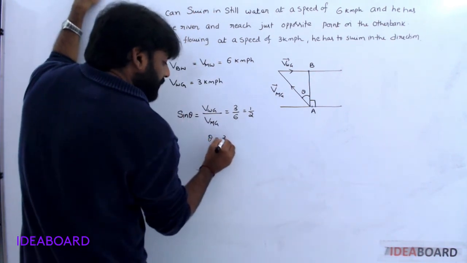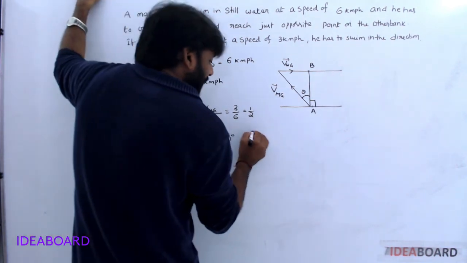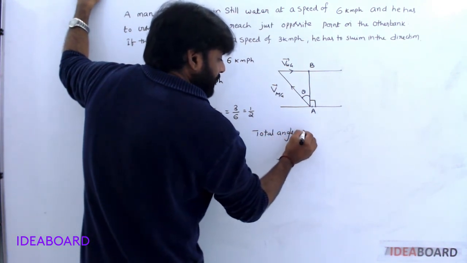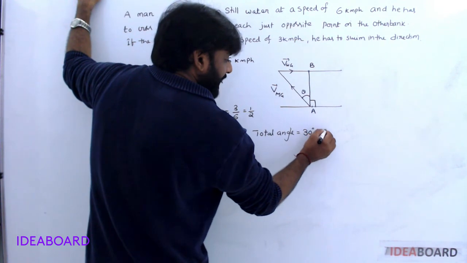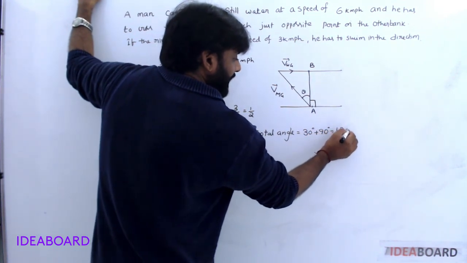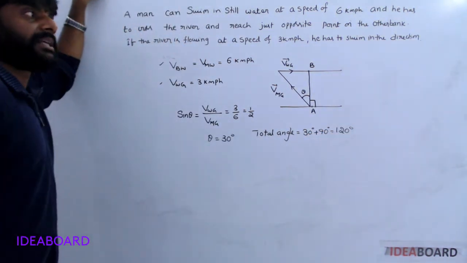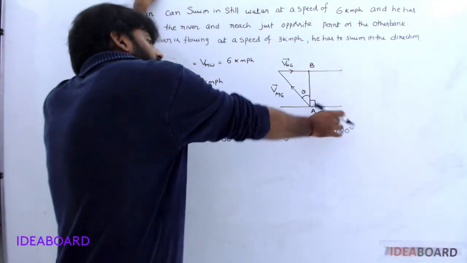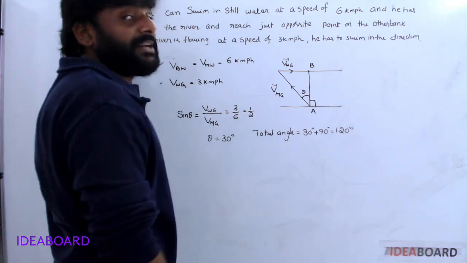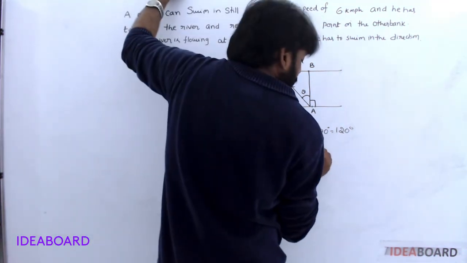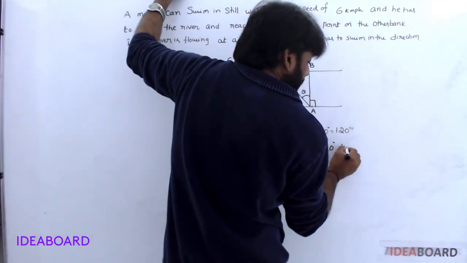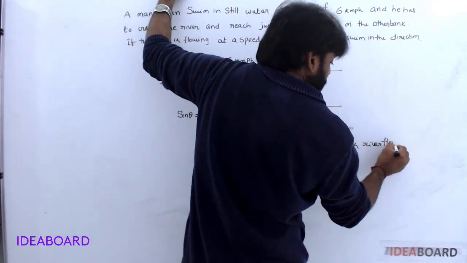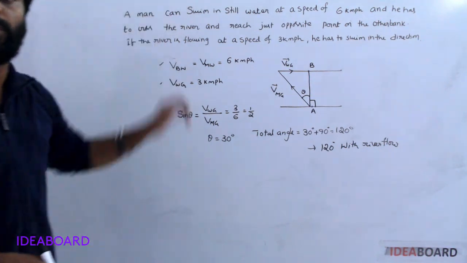Theta is equal to 30 degrees. What about the total angle? Total angle is 30 plus 90, which is 120 degrees. Person swims in the direction of 120 degrees with the river flow. Understood? Okay.